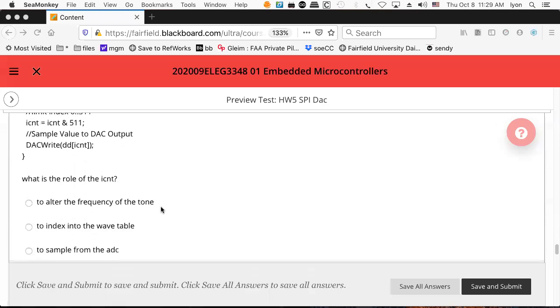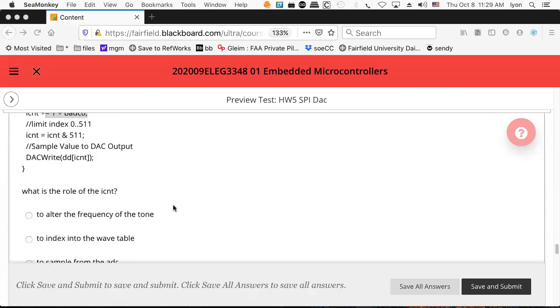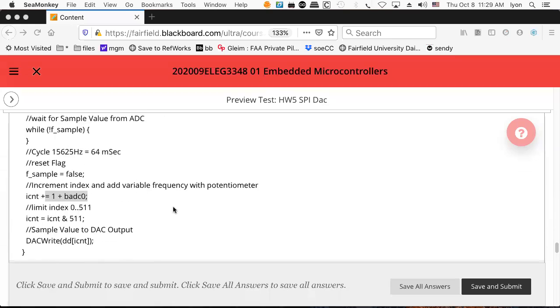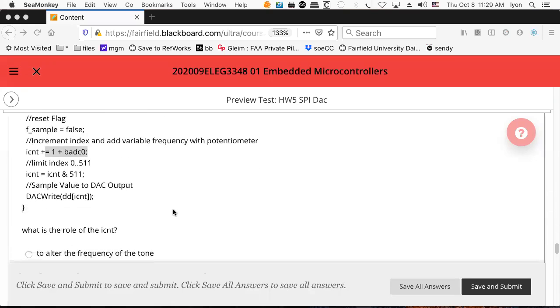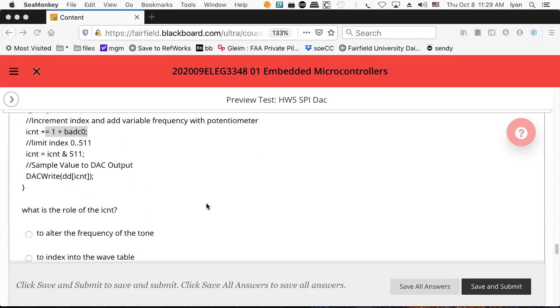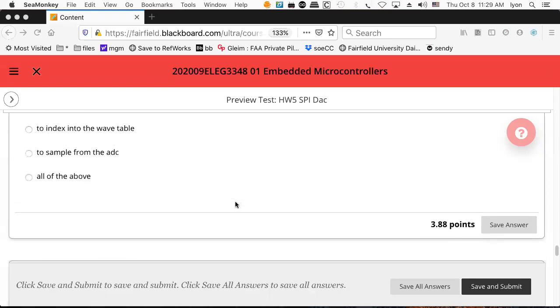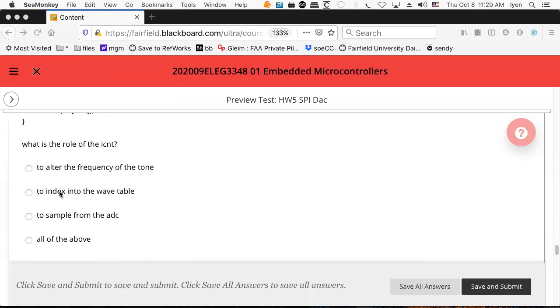So it really is an index to the wavetable, so that's all right. Alter the frequency of the tone? I guess it doesn't directly do that. Indirectly it does it because it's jumping around on the wavetable. So I guess the best answer in this one is index into the wavetable. That's for sure. The other stuff, maybe not so sure.